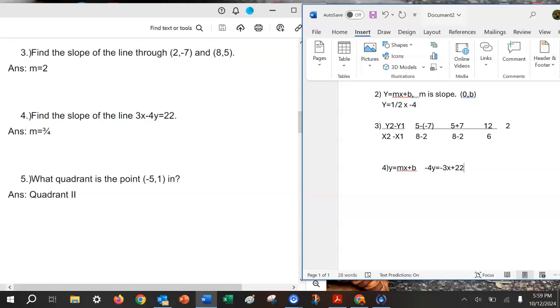If I divide both sides by negative 4, I'm left with y equals, now negative 3 divided by negative 4 gives me 3/4 x, and then 22 divided by negative 4 gives us negative 22 over 4. So now we've got it in that format. It's nice and pretty. We can look at it and see right in front of that x is 3/4. 3/4 is my slope.